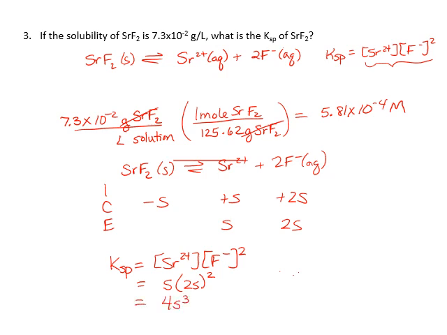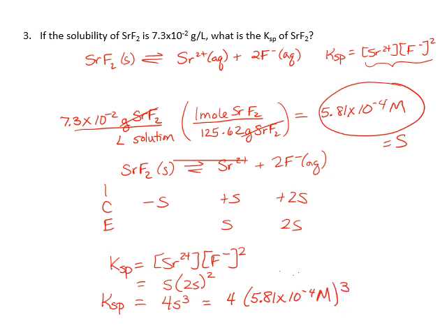So Ksp is going to be equal to 4S cubed, and this is our value of S. So plugging that in gives a Ksp value in this case of 7.84 times 10 to the minus 10.